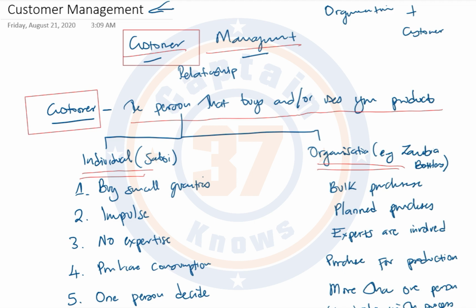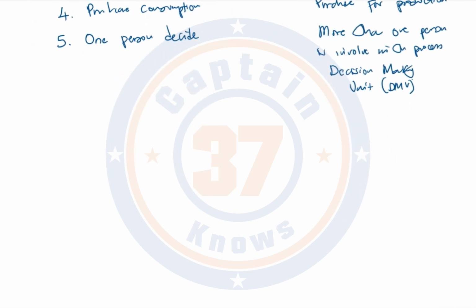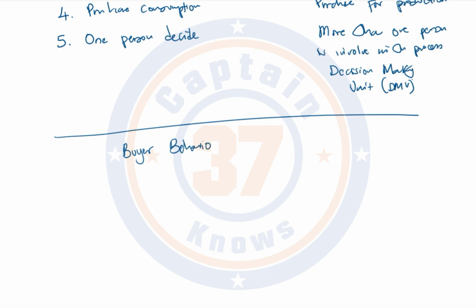At this point, I'll need to bring in a topic, though I will not get into details in this introductory lesson, of what is known as buyer behavior. This topic is also covered in the subject marketing, because there are 4 subjects that you take at the postgraduate level: marketing, branding, research, and customer management.